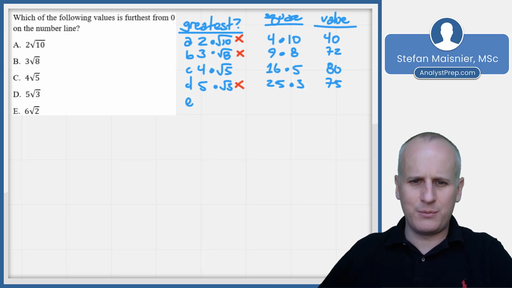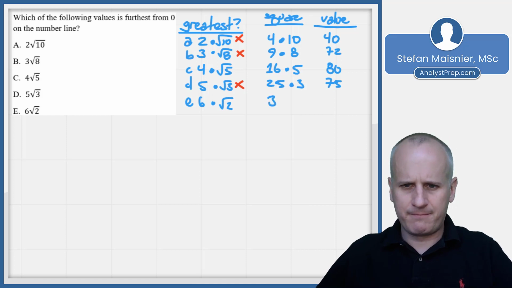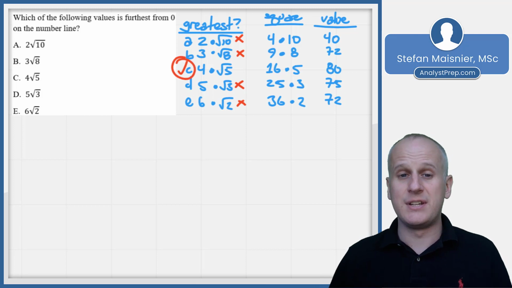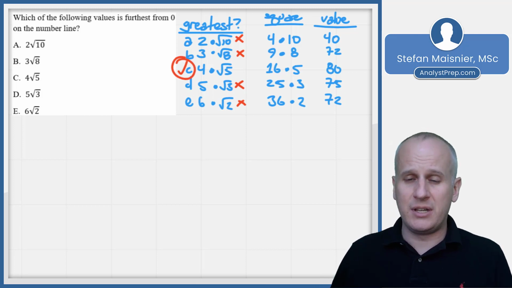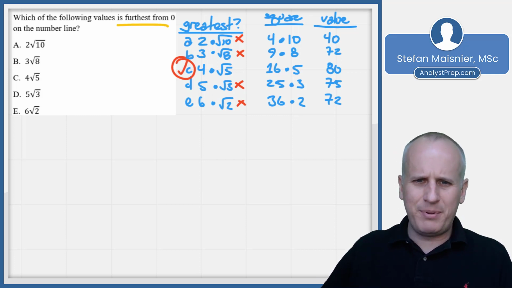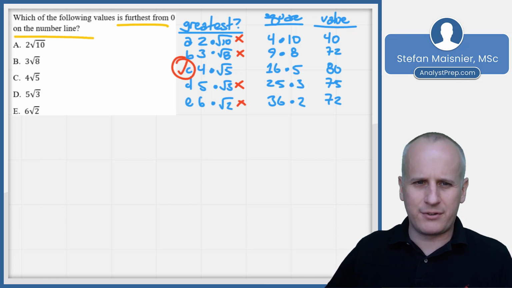And then the last one we've got is 6 times the square root of 2, which would be 36, times 2, which would give us 72. And we can see now that choice C is the greatest of the options just by executing on a comparison logically by squaring everything. And remember, we're being asked for this kind of abstract, furthest from zero on the number line structure.